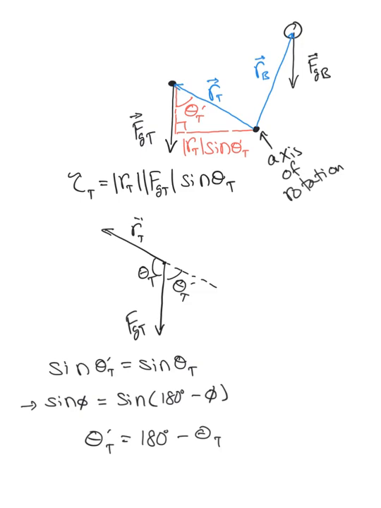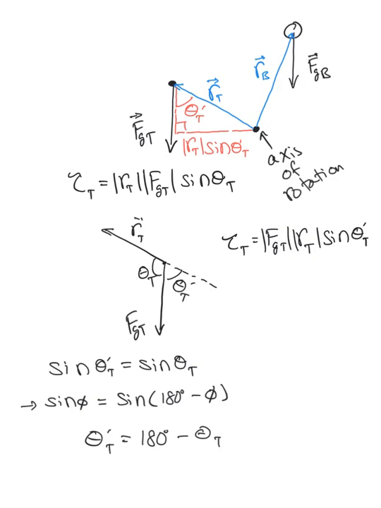Which means that if I rewrite my torque due to the table equation, I get f sub g of t, r of t, sine theta sub t, and I'm going to replace theta of t with theta of t prime, since these two have exactly the same sine.